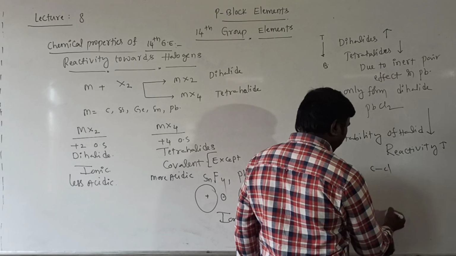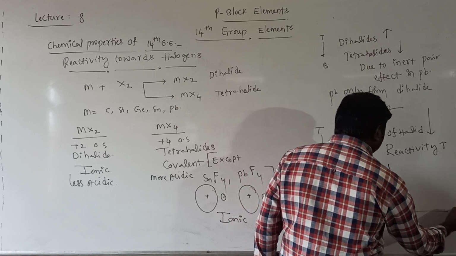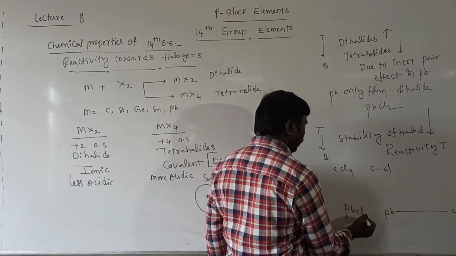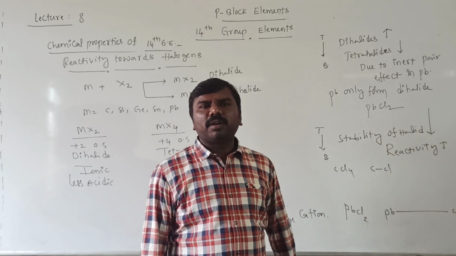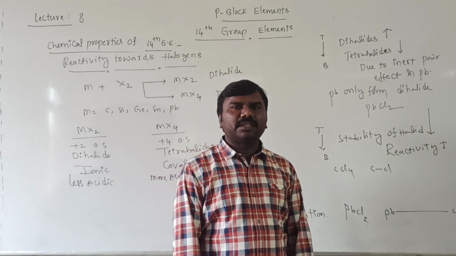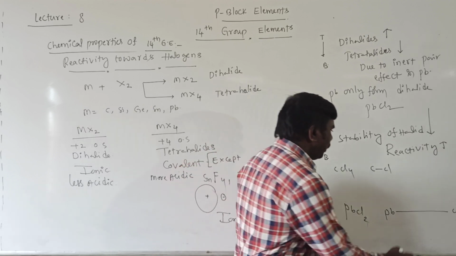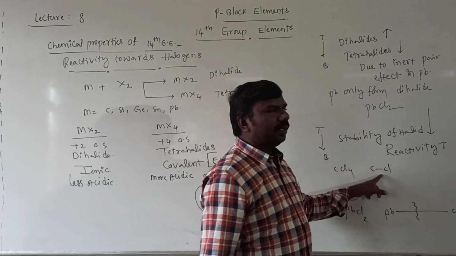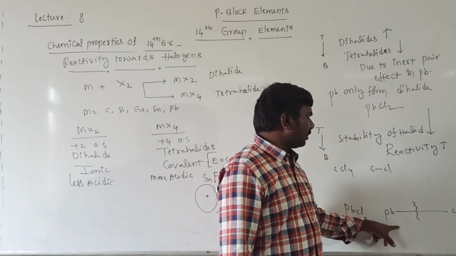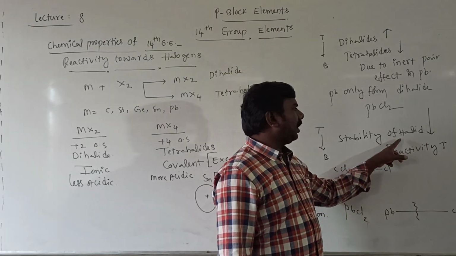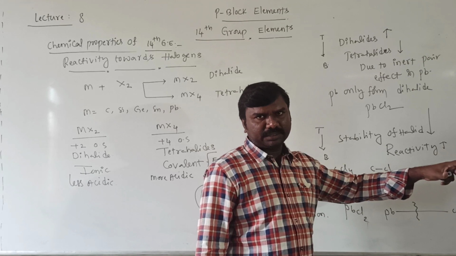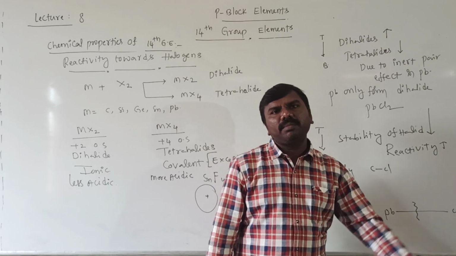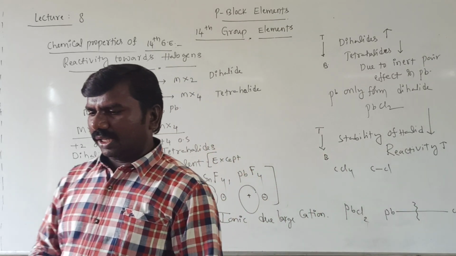Lead size is more, so bond length increases, bond strength decreases, weaker. Easy to break means less stable, difficult to break means more stable. So top to bottom stability of halides decreases, bond length increases, and reactivity increases because of the bond length.